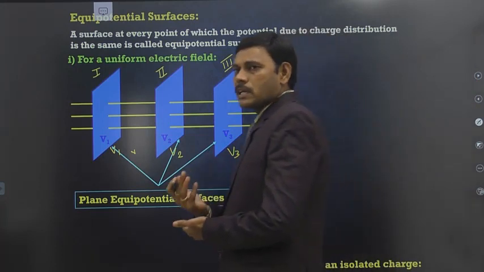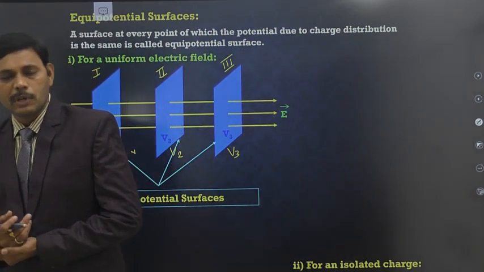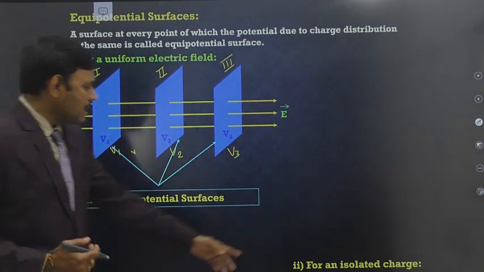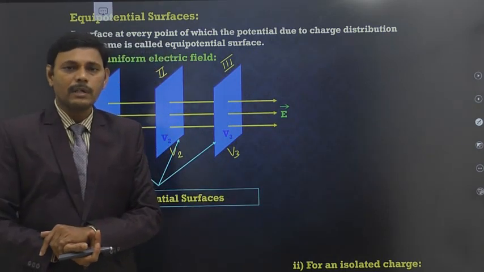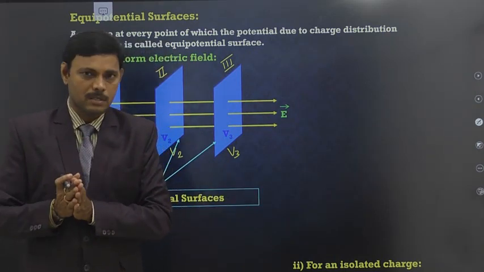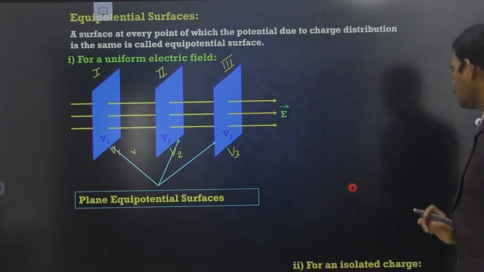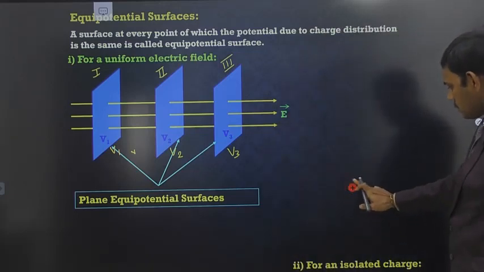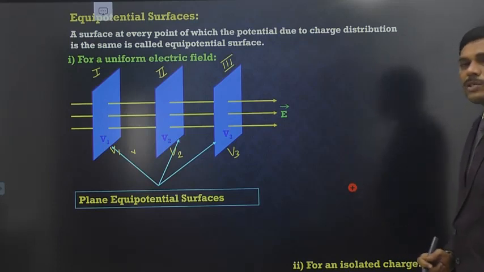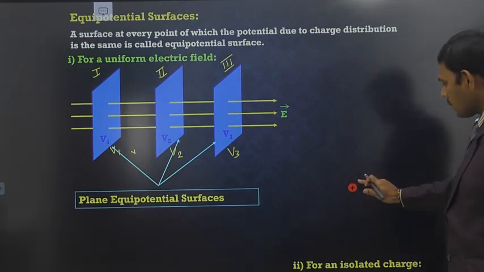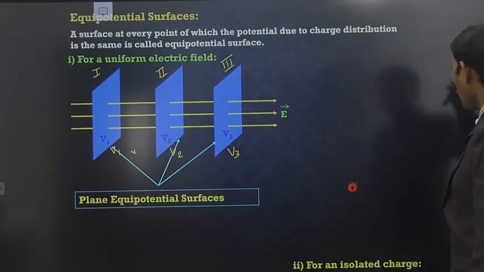Next example, to know about equipotential surfaces, let us consider an isolated point charge. An isolated stationary point charge is located in a region. Let this red dot indicate an isolated positive charge kept stationary in a region.